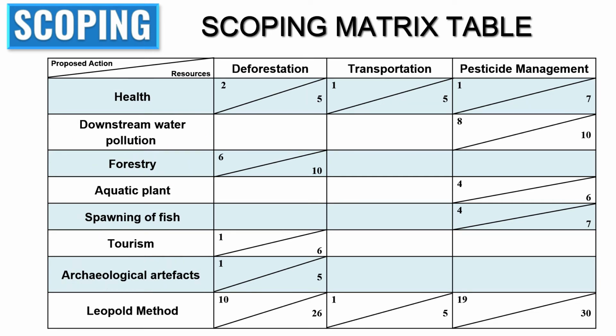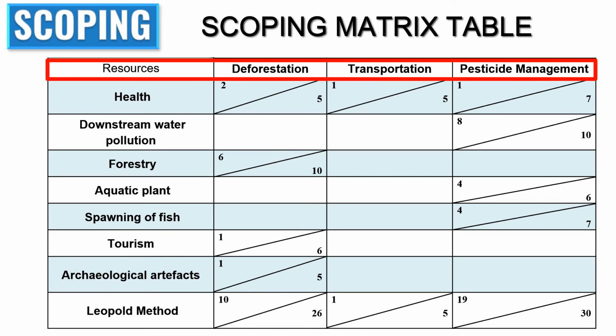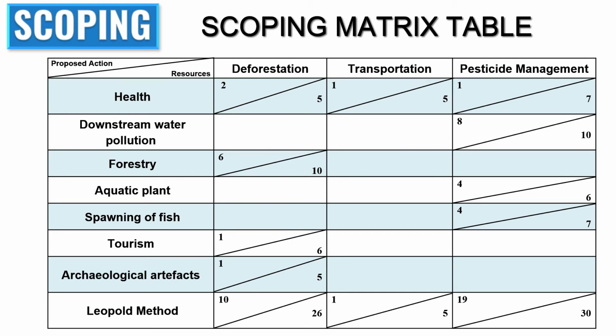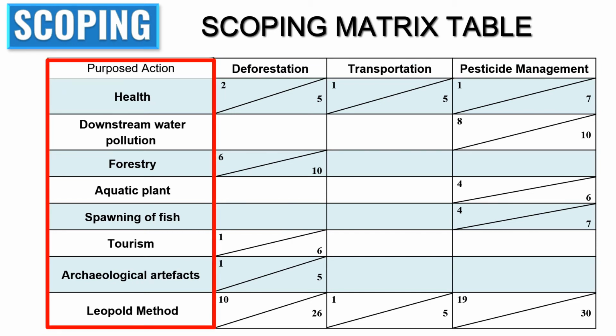For the resource: deforestation, transportation, and pesticide management. And the proposed action consists of health, downstream water pollution, forestry, aquatic plant, spawning of fish, tourism, archaeological artifact.